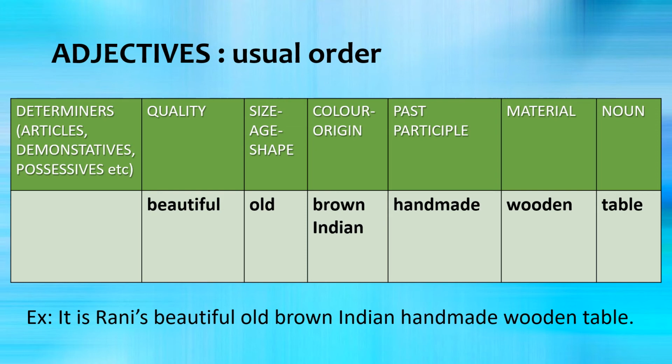It is Rani's, and in between, the words beautiful, old, brown, Indian, handmade, wooden, six adjectives are used. Of course, it is really very difficult to put them in order, but if we follow these guidelines, they may be really helpful in framing correct sentences.